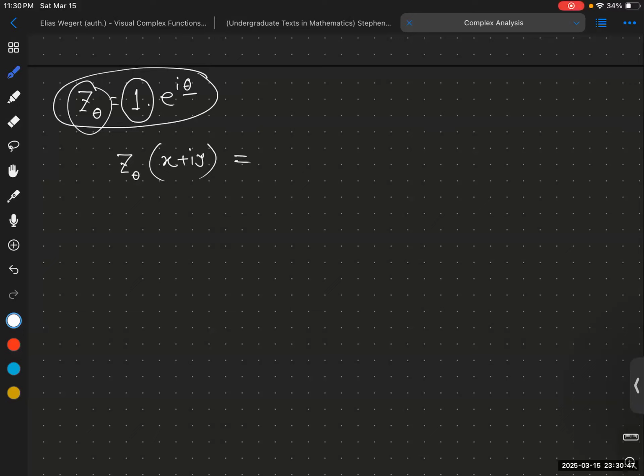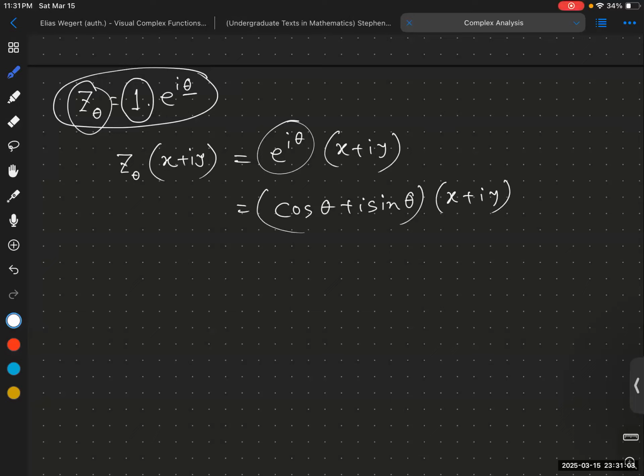So that is z theta, e to the power I theta, times x plus iy. By using the Euler equation, we can write it down as cos theta plus I sine theta times x plus iy. After multiplication, it will become x cos theta plus ix sine theta plus iy cos theta minus I square y sine theta.